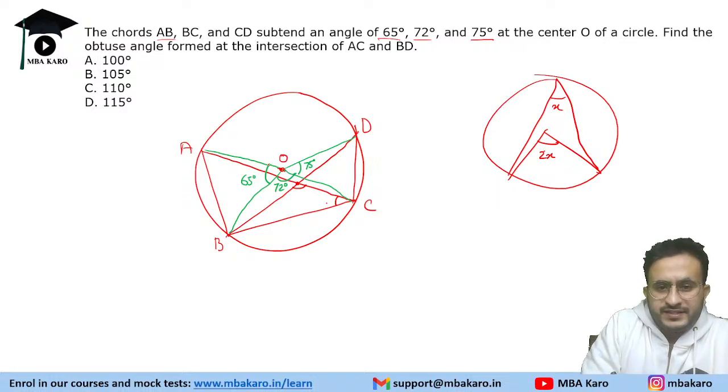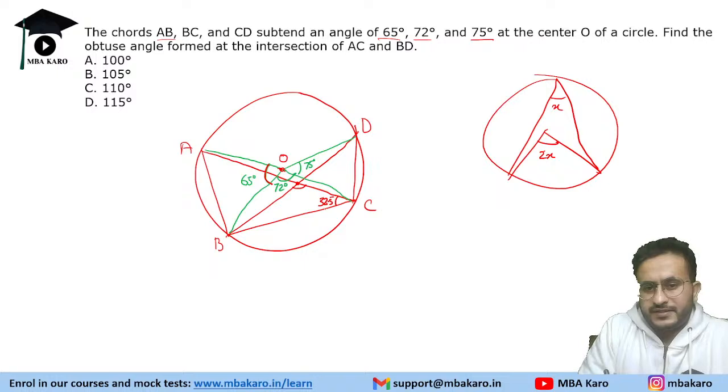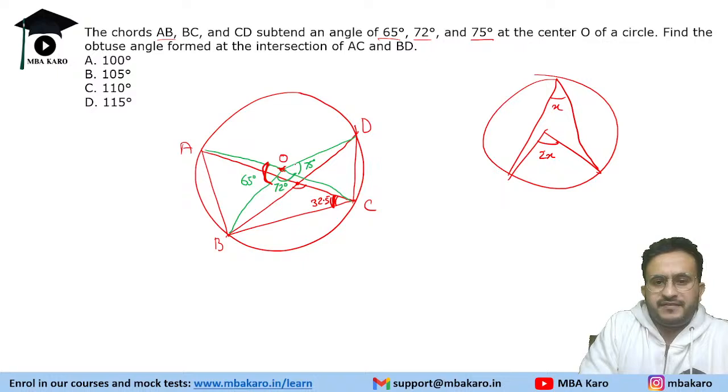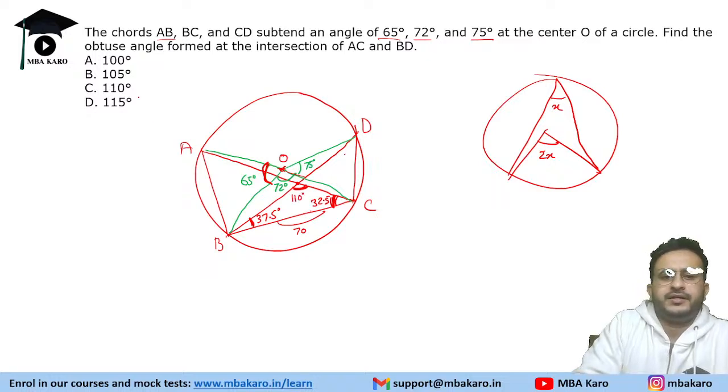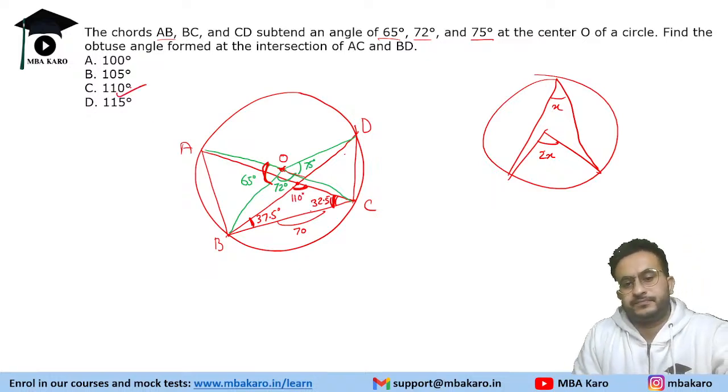So if this is 65, this angle is going to be 32.5 degrees. Similarly, if this is 75, this angle is going to be 37.5. Okay, adding these two, how much is it? 70. We need to find this angle, so the remaining angle will be 110 degrees.